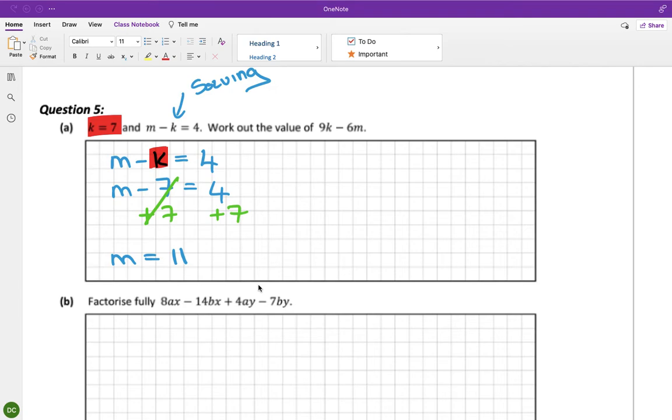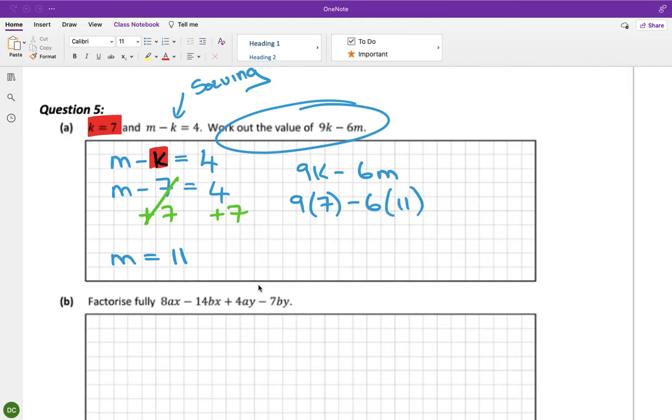So this bit here is work out the value of 9k minus 6m, which is 9k was 7, minus 6m was 11, if you did the solving part. 7 9s are 63 minus 6 11s are 66. Sorry, I'm just waiting for this to catch up.